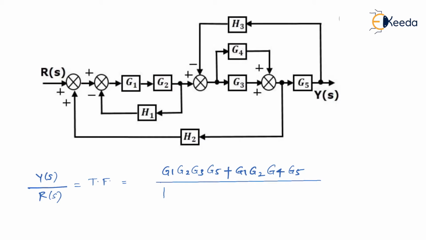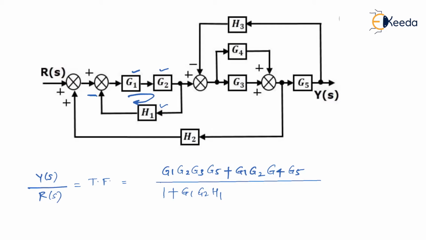Now you have to go through the loops. The first loop, what I can see easily, is this. Am I right? Since there is a negative feedback, I'll say plus. If you loop through, you'll get G1, G2 and H1. So plus G1, G2, H1. This is the first loop I can see.